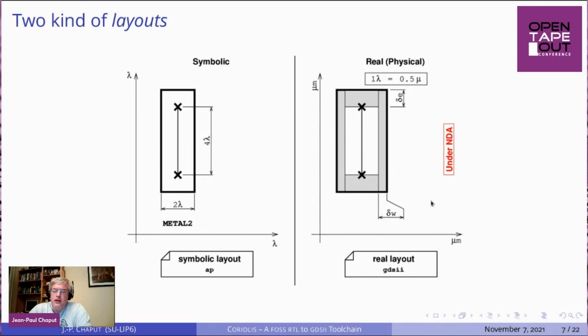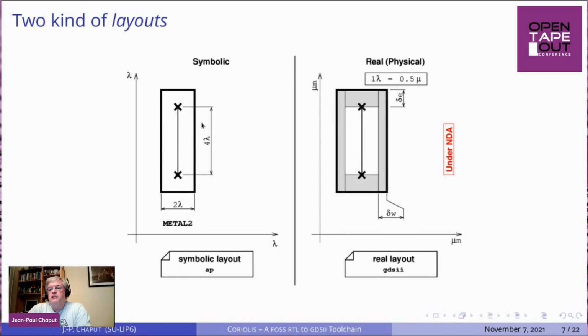So in the late 80s, Mead and Conway, I don't remember which American university they were at, developed the Symbolic technology. It was based on a simple observation that between technological nodes, what you have is basically a shrink. You have the same dimensions, but shrunk.